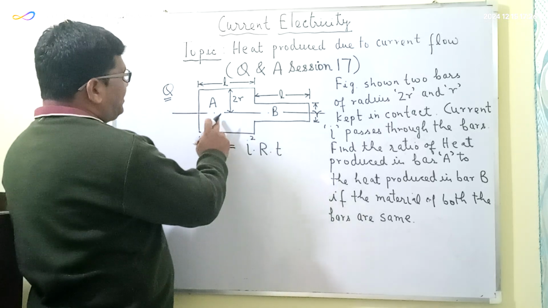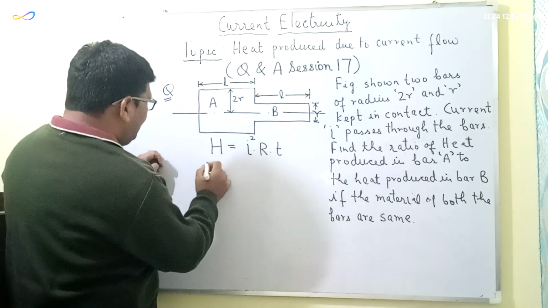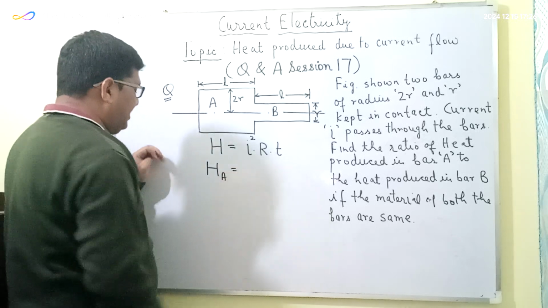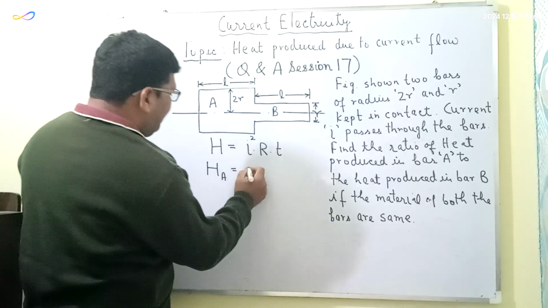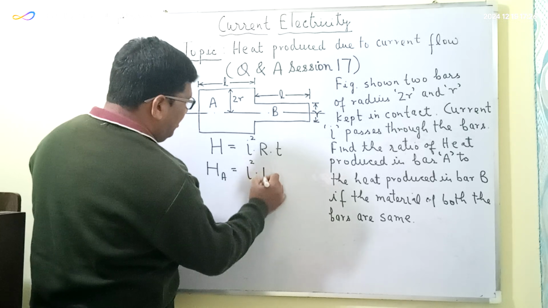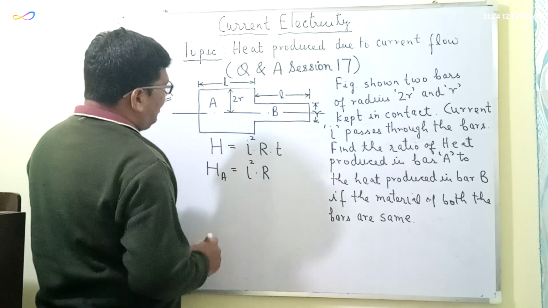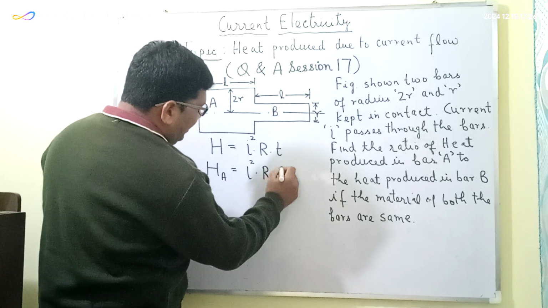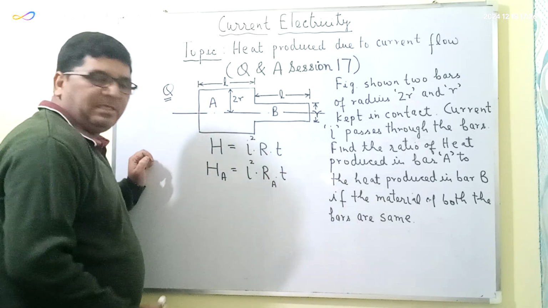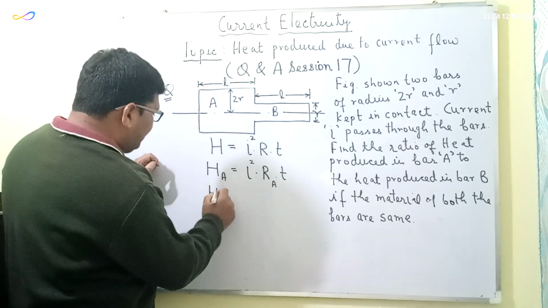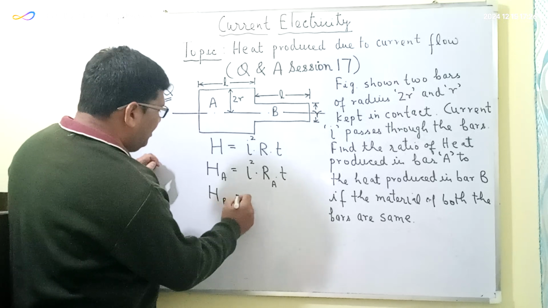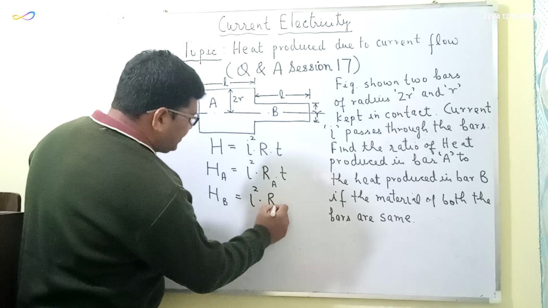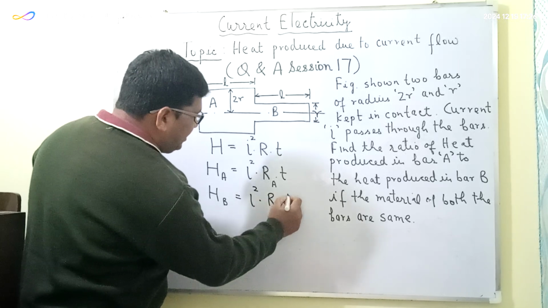There are two bars here, A and B. The heat produced in the bar A, let us say HA, will be equal to I square into the resistance of bar A into the time elapsed, and the heat produced in the bar B will be equal to I square into the resistance of bar B into the time elapsed.